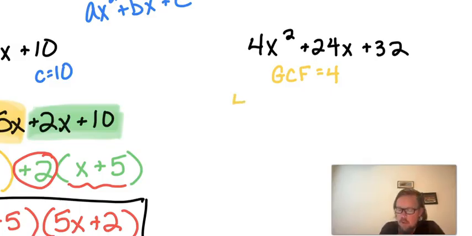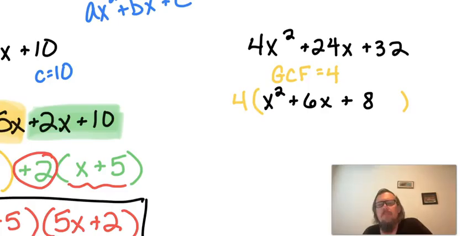So we put a 4 outside our parentheses, and then what's left after we divide everything by 4? So 4x squared divided by 4 is x squared. 24x divided by 4, well, 24 divided by 4 is 6, so 6x. And 32 divided by 4 is 8.